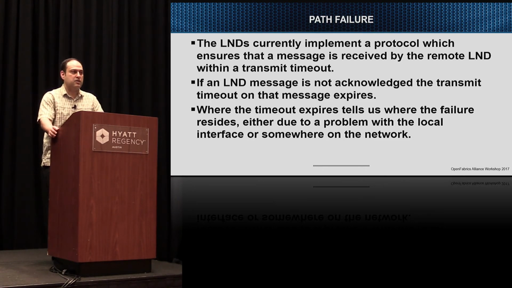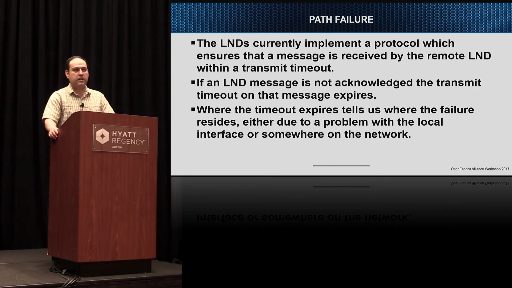For each LND message, we have a transmit timeout to make sure that the LND message got received and acknowledged by the other LND. So on each LND message that gets sent, a transmit timeout is started, and depending on when that timeout expires, we're able to tell where the failure is.